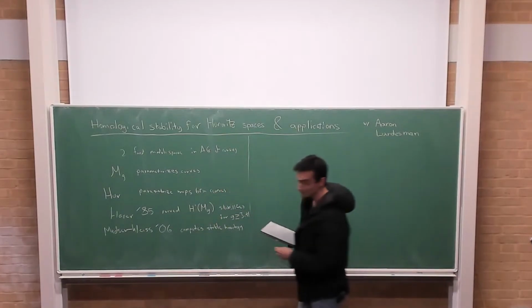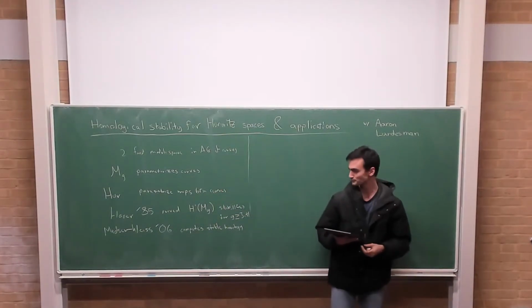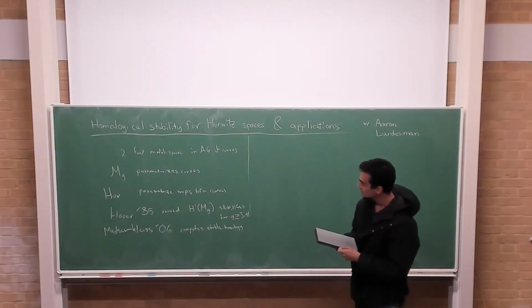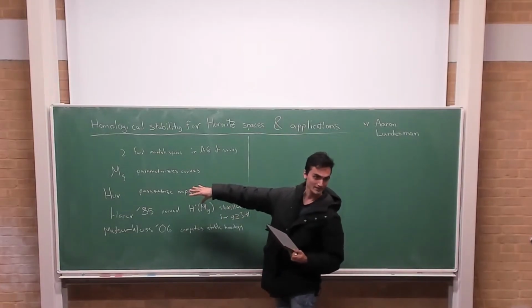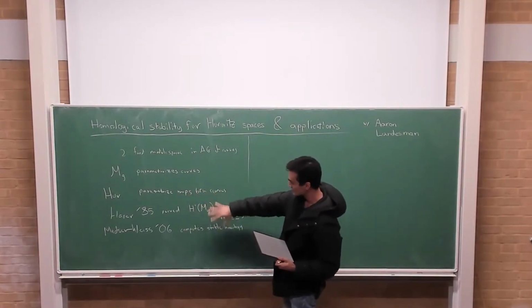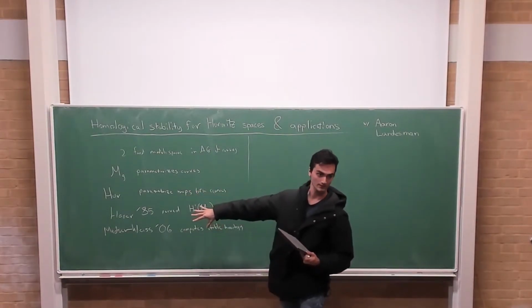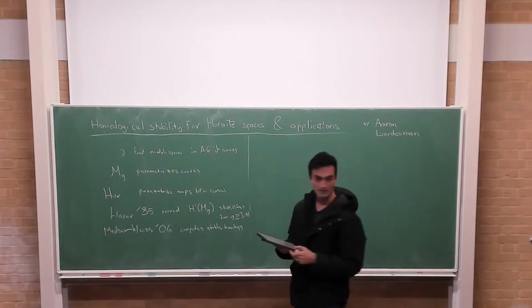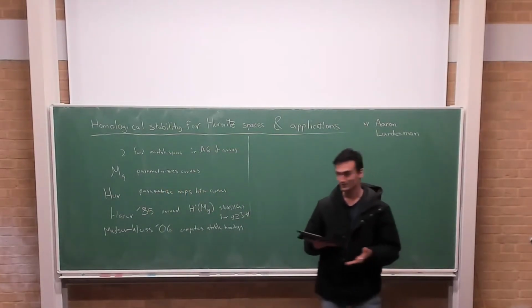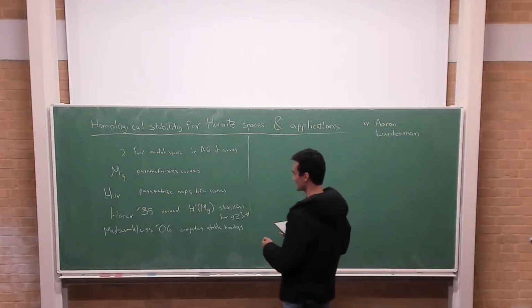So they computed what exactly it stabilizes to. Today I want to tell you about the second kind of moduli space, Hurwitz spaces, and basically analogous results in that setting. In order to do so, I need to tell you what Hurwitz spaces are.